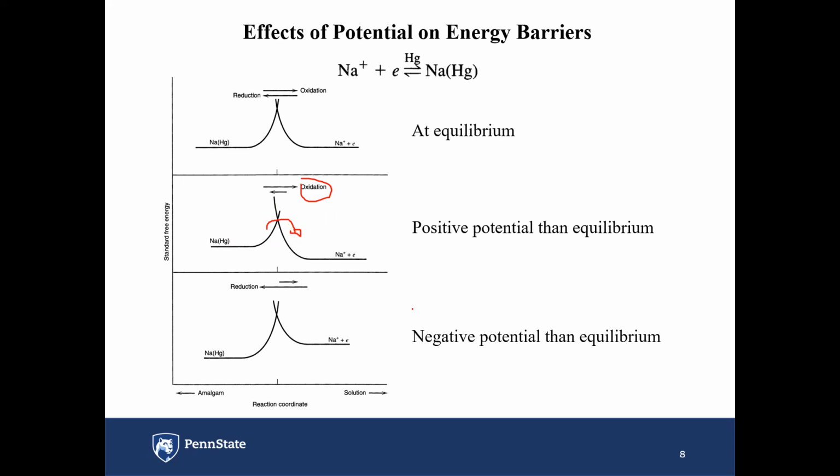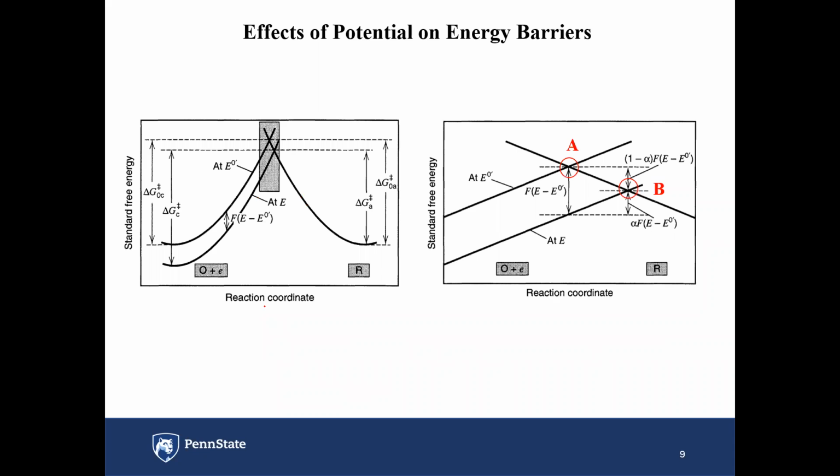And on the other side, if we tune to a negative potential, then we can shift the reaction equilibrium from the right side to the left side. That means we drive the reaction equilibrium to the reduction region. Based on this phenomenon, people have drawn the potential dependence of the energy barriers.